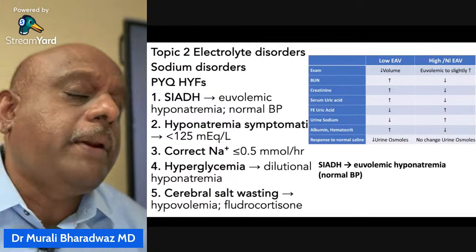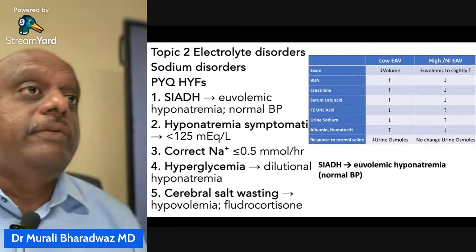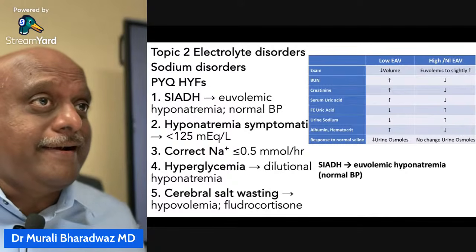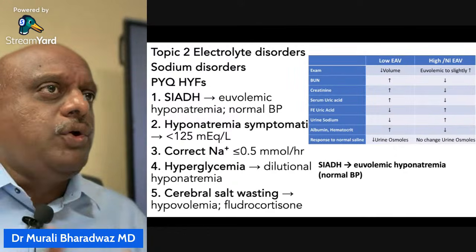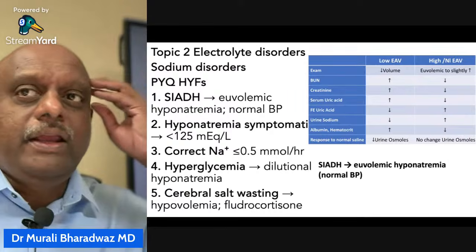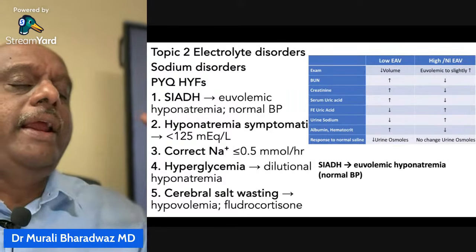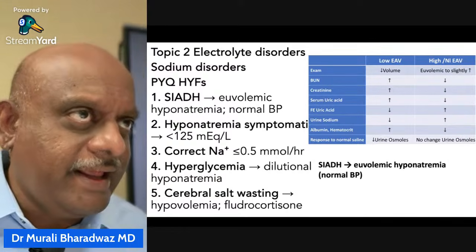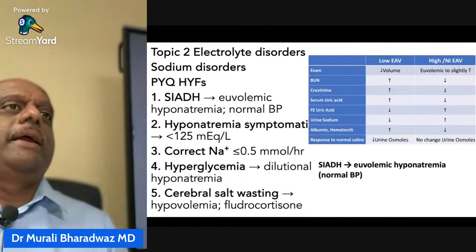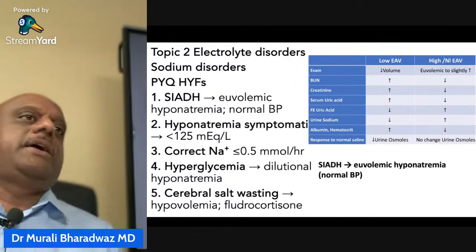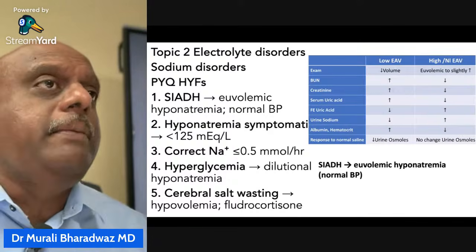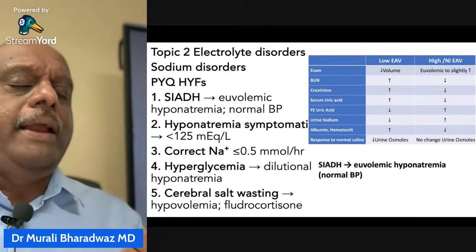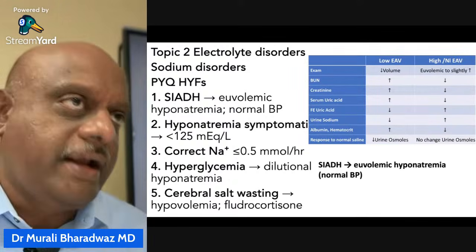When do you call it inappropriate? Whenever you are not dehydrated, you are not edematous, though you are euvolemic, if the pituitary is producing ADH, then it is called inappropriate ADH secretion. So that is the reason, a euvolemic hyponatremia with a normal BP, you need to consider SIADH.